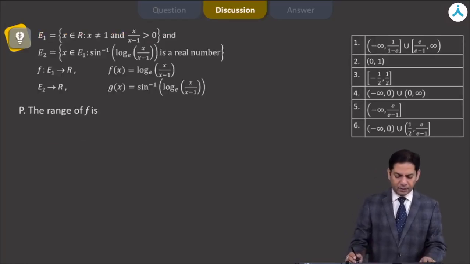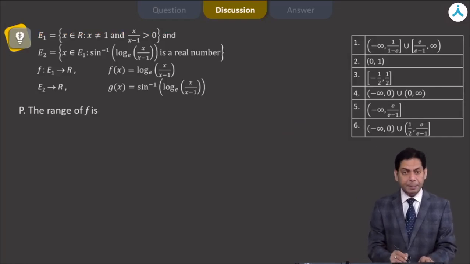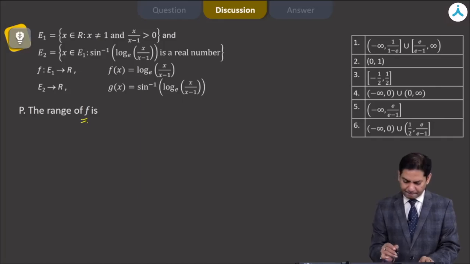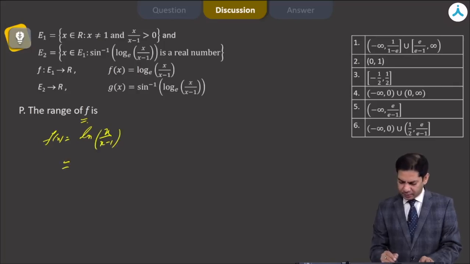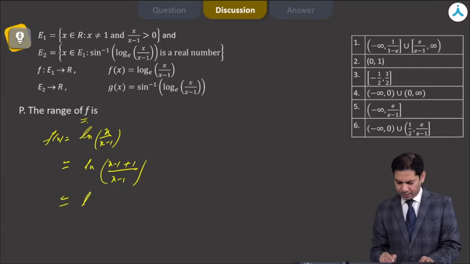Now let's find the range of f, that is entry P. Range of f, that will be f of x is equal to ln of x upon x minus 1. We can write it as ln of x minus 1 plus 1 upon x minus 1, and that is ln of 1 plus 1 upon x minus 1.